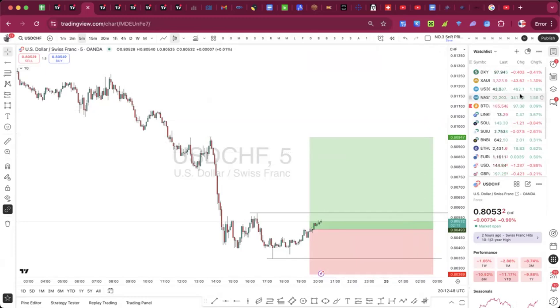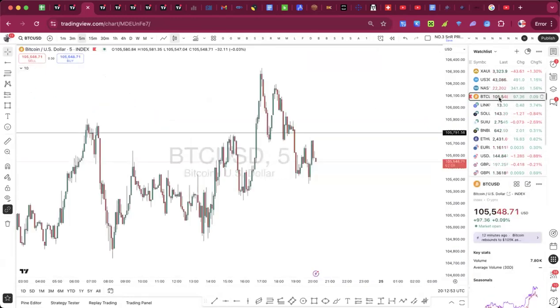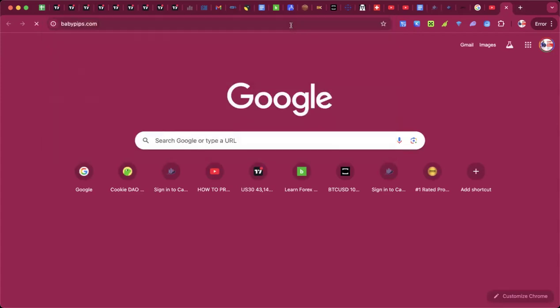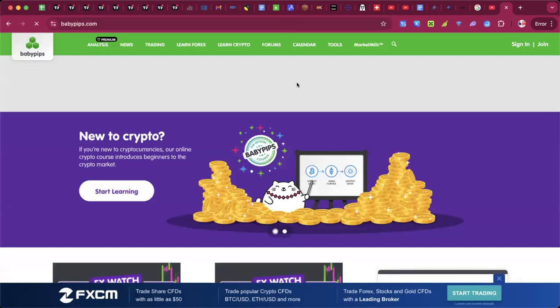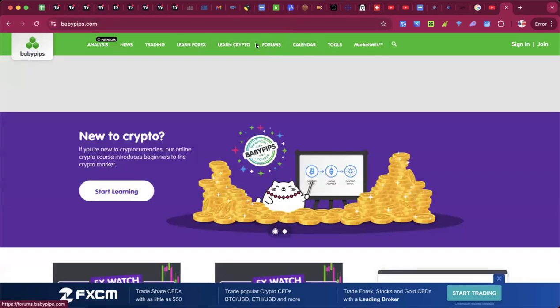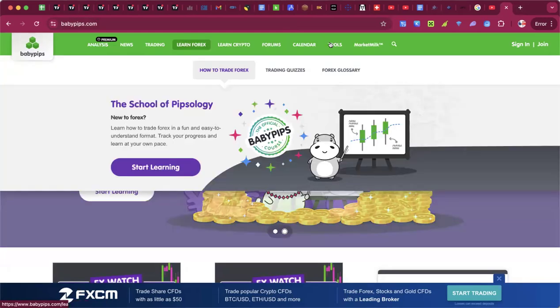And that's why I always recommend that you don't enter one position. You enter many positions. And remember, those of you who have been following, how do we do that? You have to go to babypips.com, go to tools, and from tools you have position size.